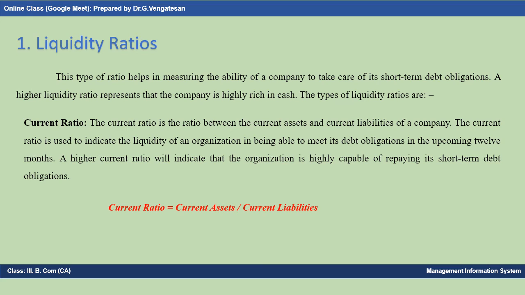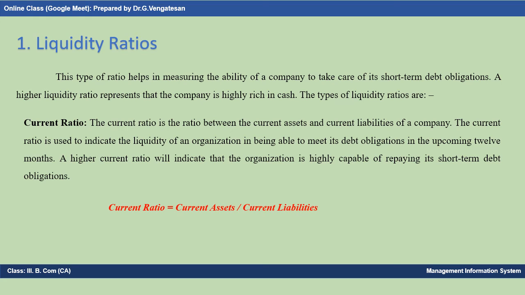In this liquidity ratio, if the company's cash is high in ratio, then we say that the liquidity ratio of the concern is good. And if the cash value of the organization is getting low, then the liquidity position of the company will be in a poor situation.